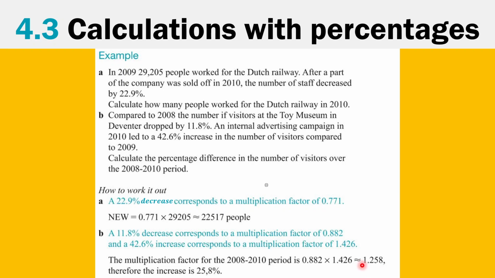What you can also do is first times 100%, then you get 125.8. Remember, you started with 100%, so that's why you have to do minus 100. Then you get 25.8%. Again, they're really not paying enough attention to points and commas in the translation of this chapter.